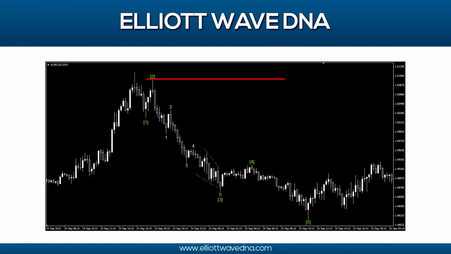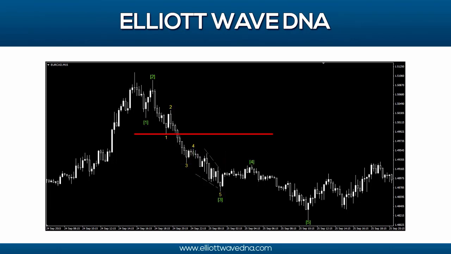So wave 2 yellow, hold it below the starting point of the wave 1, wave 3 was more or less equal to the wave 1, but if we compare the wave 3 and the wave 5, we can see that the wave 3 was bigger than the wave 5, so in this case we are at least sure that wave 3 is not the shortest from the waves 1, 3, and 5, and inside of wave 5 we can see a nice ending diagonal pattern, so we are going to say this rule is also valid.